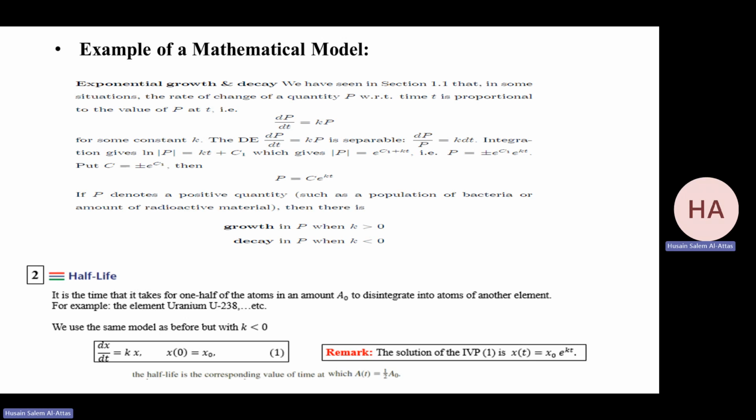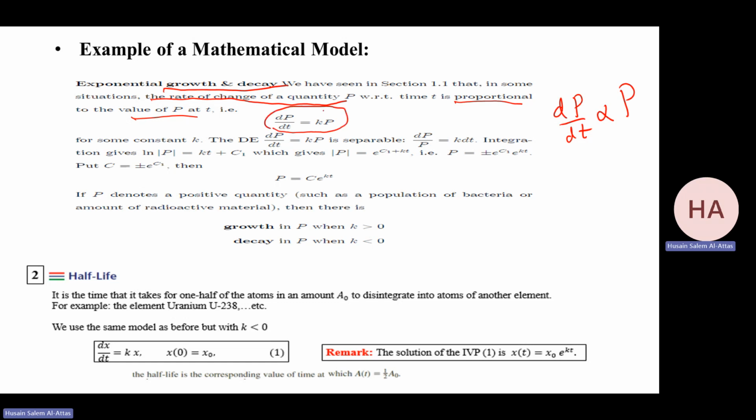What is the idea? Roughly, we have the rate of change of a quantity P with respect to time that is proportional to the value of P. That means dP/dt is proportional to P, which I can write like this.